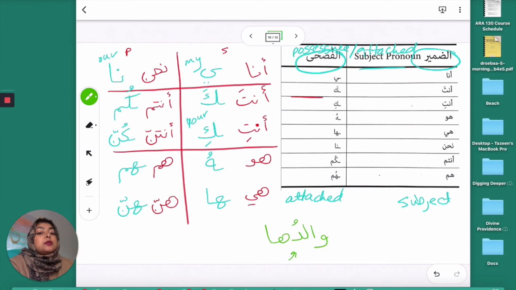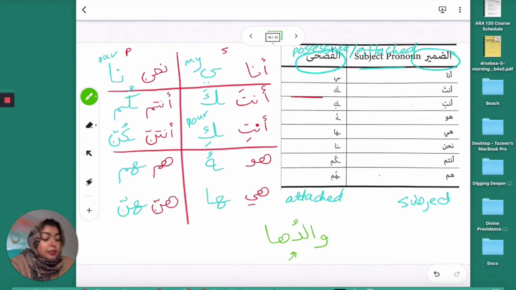When we start doing what we call i'rab, which is case endings, you'll notice that sometimes it might have a fatha or kasra depending on what its grammatical function is in the sentence. But for right now, we're only using sentences that use words that have dhamma at the end for the most part. Right? So just in terms of pronunciation, waliduha, same thing, waliduka, waliduki.